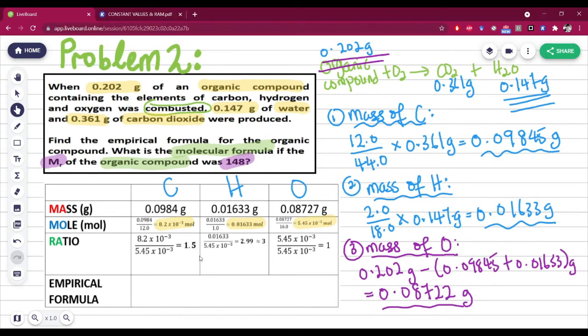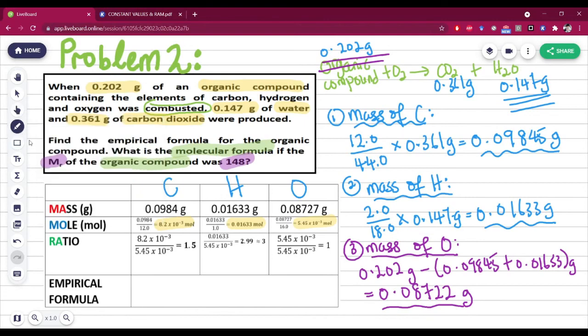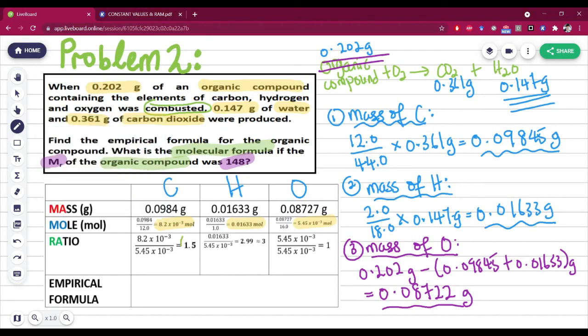So what do you need to do? You need to find a number that you can multiply with this to get a round number. And since you have 1.5, you can take this number over here. You're going to times by 2.